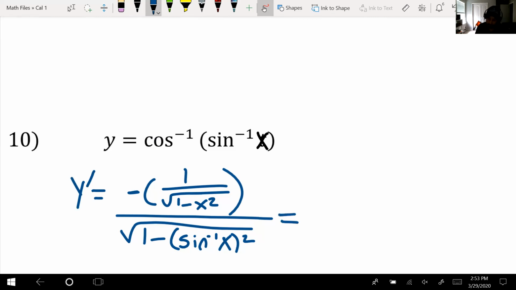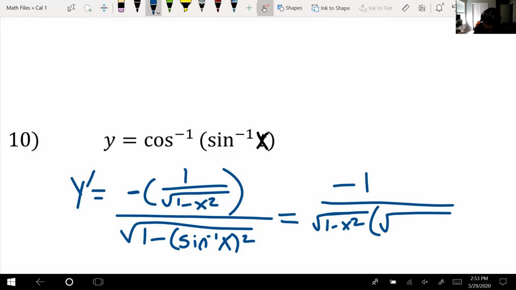And I'll tell you what, nothing else we can do with this. This becomes negative 1 over the square root of 1 minus x squared times the square root of 1 minus the inverse sine of x squared.